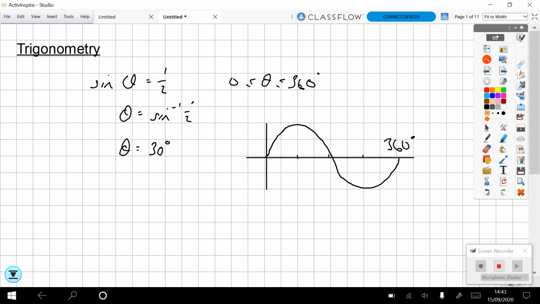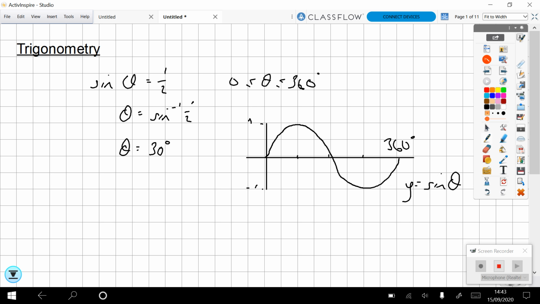But you need to be able to see the 90 degree mark, the 180, 270 and 360 degree markers. You need to recognise that y equals sine of x or y equals sine of theta has a maximum value of 1 and a minimum value of -1. And you need to know the basic shape of the curve. That's y equals sine theta.